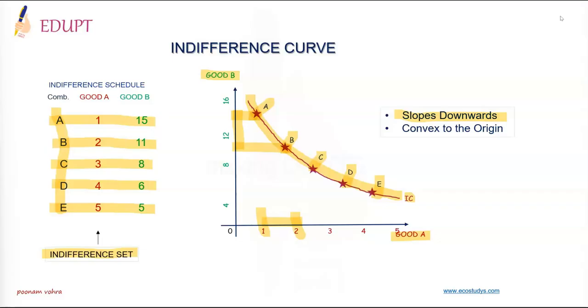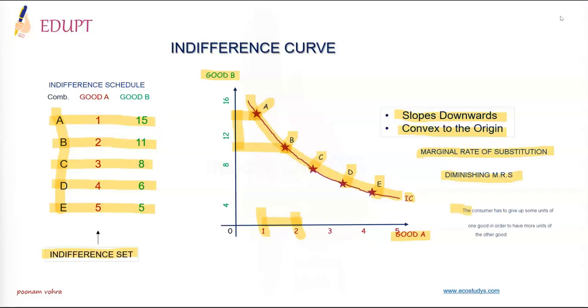This is given by marginal rate of substitution, that is, amount of y he is willing to sacrifice for 1 unit of good x. So one can notice that indifference curve is convex to the origin, and it is due to the diminishing marginal rate of substitution.